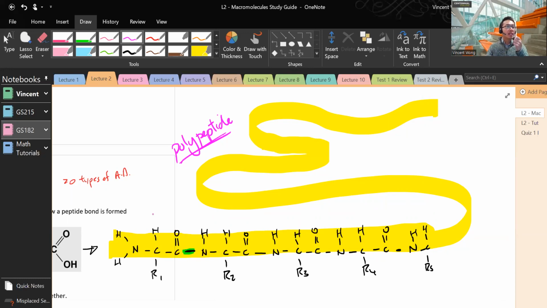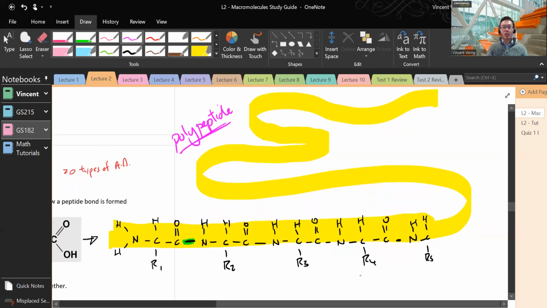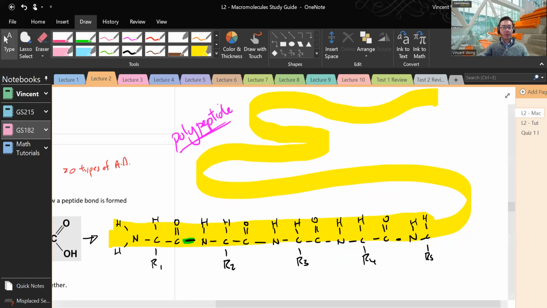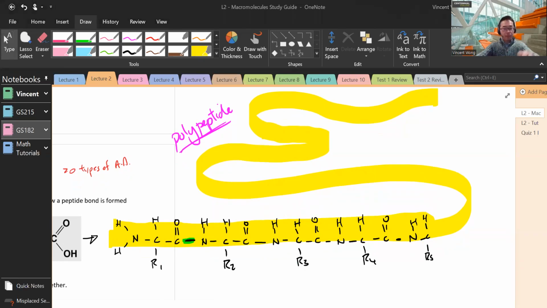Emma asked, what is side chain? Okay, so side chain is different for each of the amino acids, right? Let me just quickly grab a picture from the internet to show you. One second.